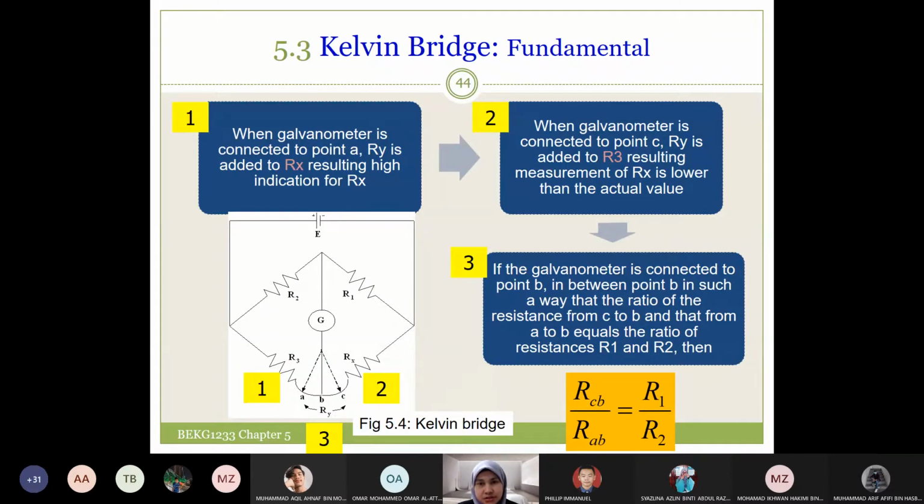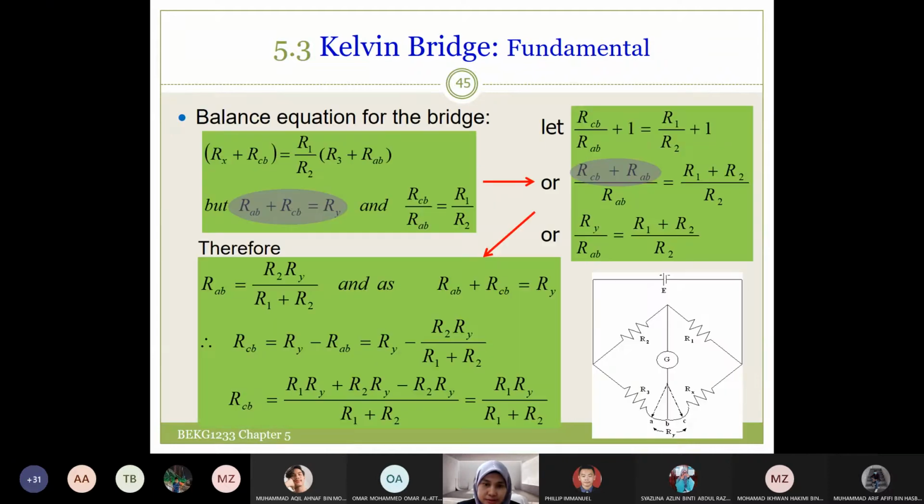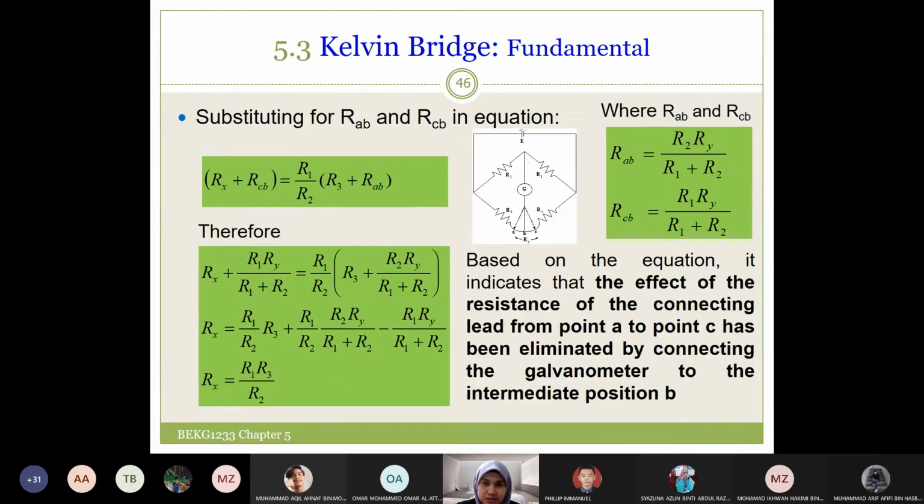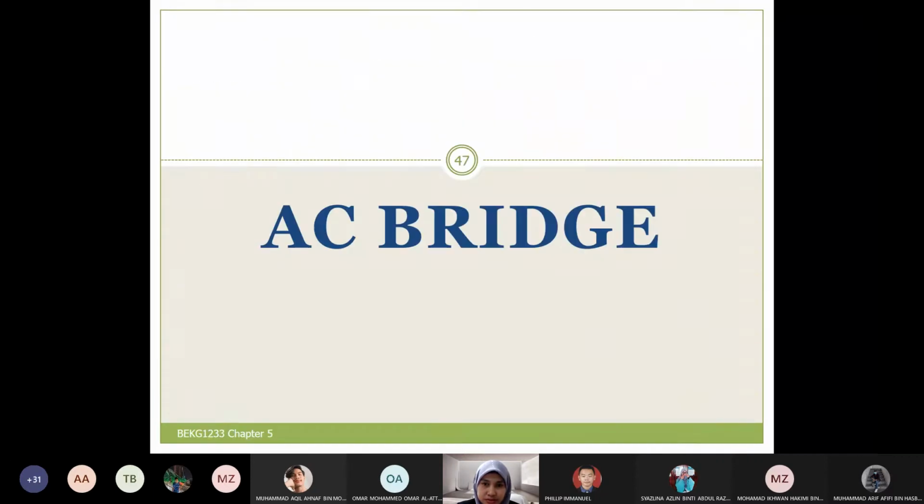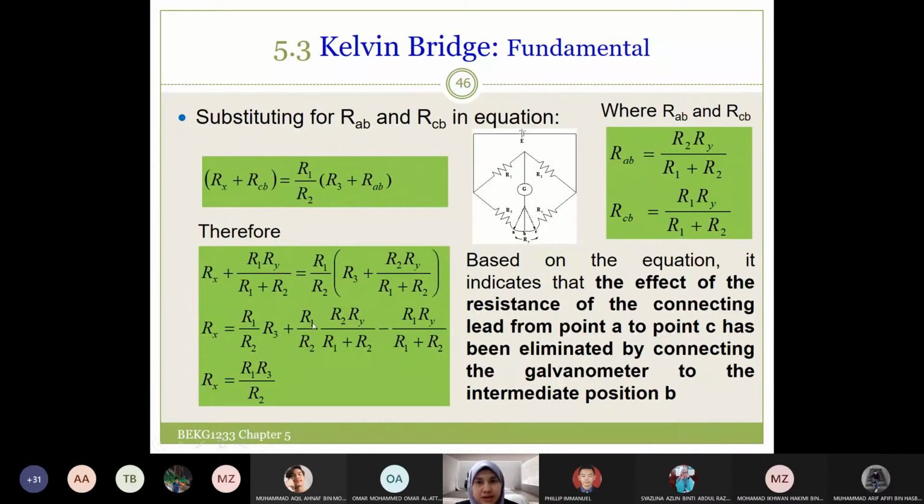Okay, so this is the explanation of the Kelvin bridge. This is the derivation of the Kelvin bridge.